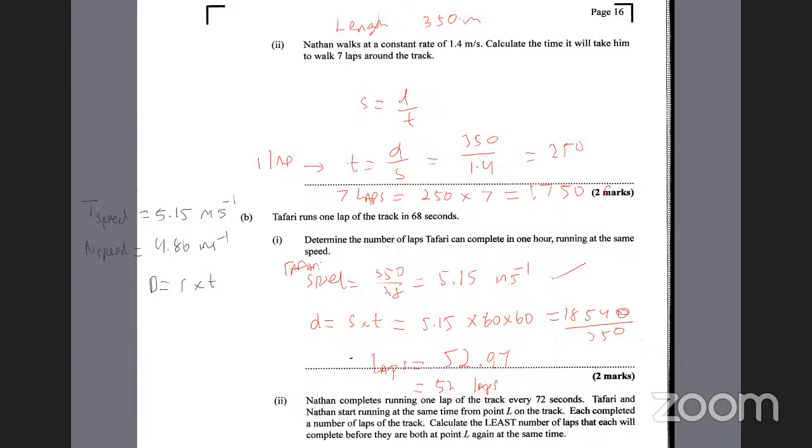So the distance for Tafari will be his speed, 5.15 by the time, and Nathan's speed is 4.86 by the time, because they have to cover the same distance.